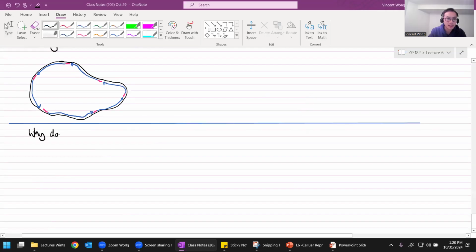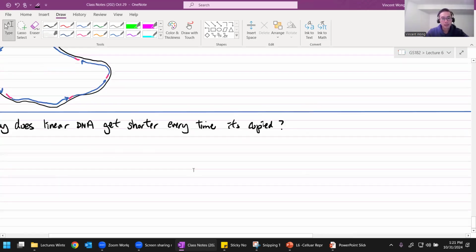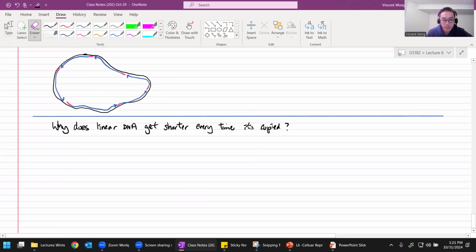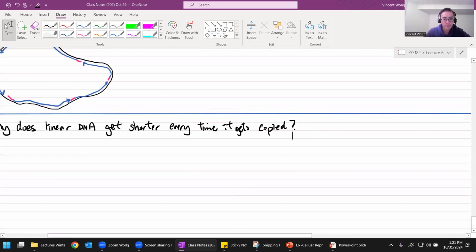Why does linear DNA get shorter every time it's copied?